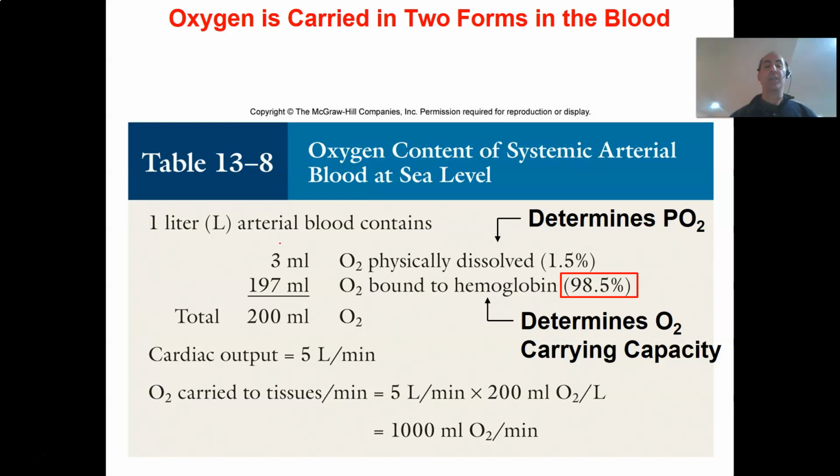1.5% is physically dissolved in the blood. How does this relate to the arterial PO2, which equals about 100 millimeters of mercury?